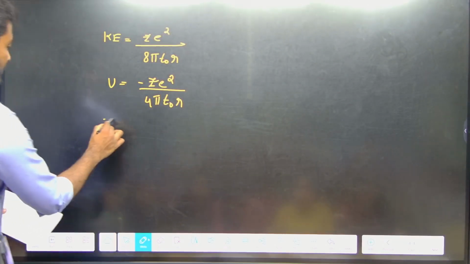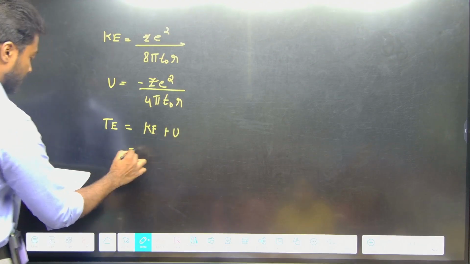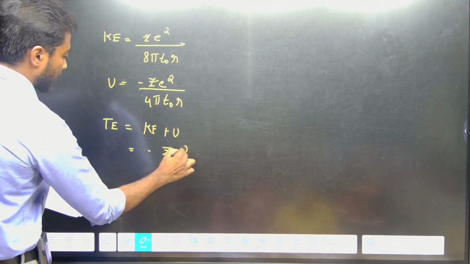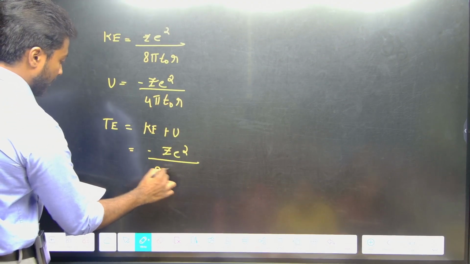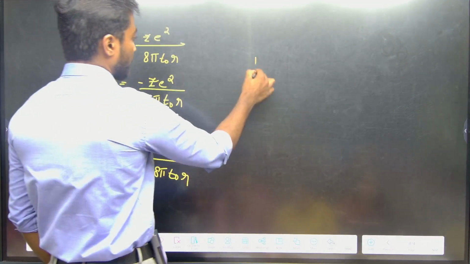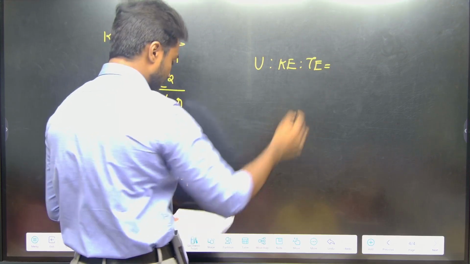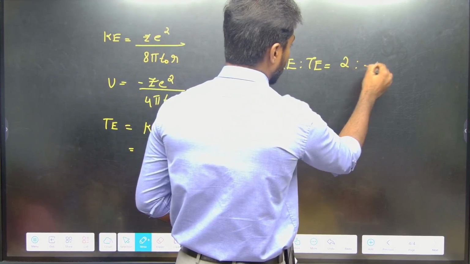Total energy is kinetic energy plus potential energy, which is minus z e square by 8 pi epsilon naught r, and the ratio between potential energy, kinetic energy and total energy is 2:1:1.